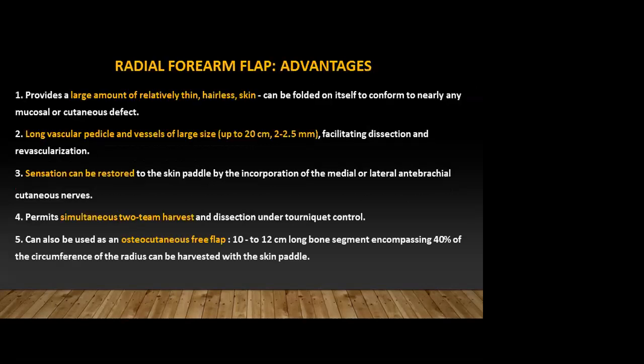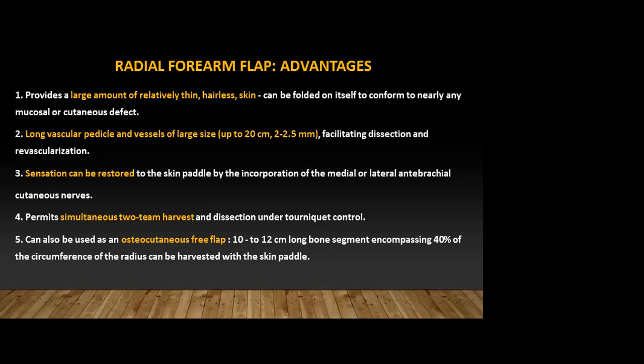So the advantages of the radial forearm flap: it provides a large amount of relatively thin, hairless skin, and it can be folded on itself to conform to nearly any mucosal or cutaneous defect. Second, it has a long vascular pedicle, and the vessel size is large, that is 2 to 2.5 millimeters. And the length of the pedicle is about 20 centimeters, facilitating dissection and revascularization.